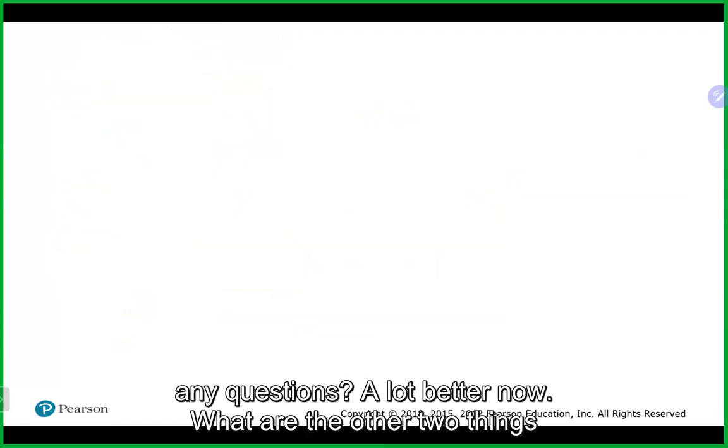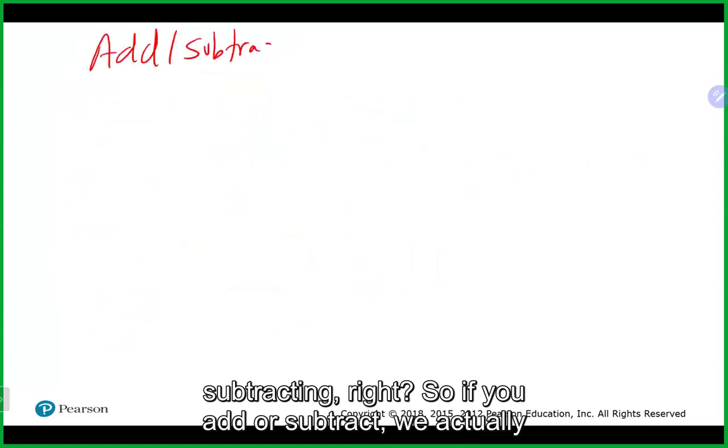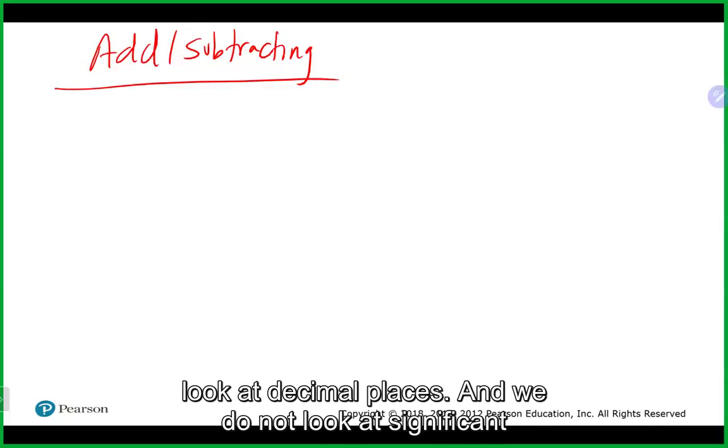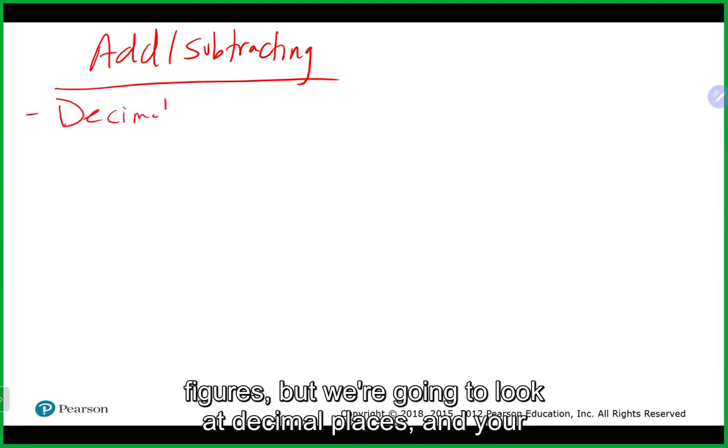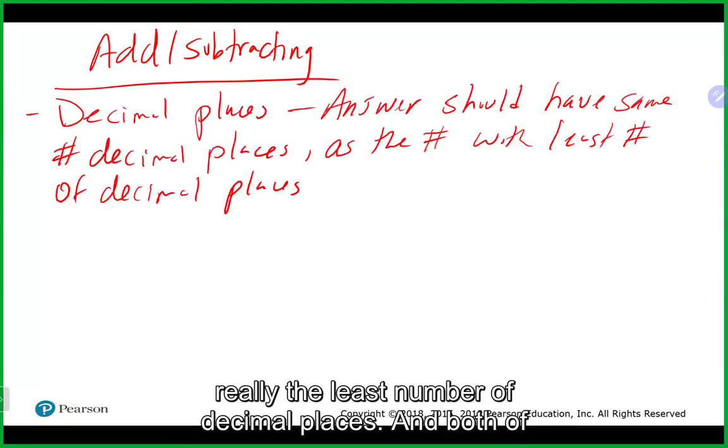Now, what are the other two things that we typically do? That is our friend, a little adding and subtracting, right? So if you add or subtract, we actually look at decimal places. We do not look at significant figures, we look at decimal places. Your answer should have the same number of decimal places as the number with the least number of decimal places.